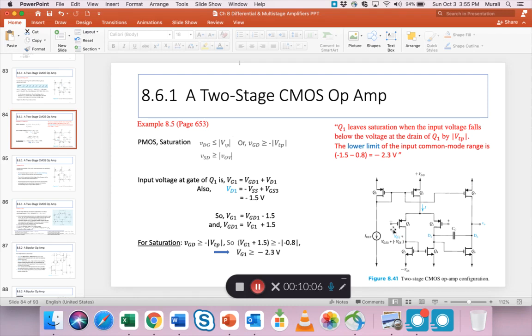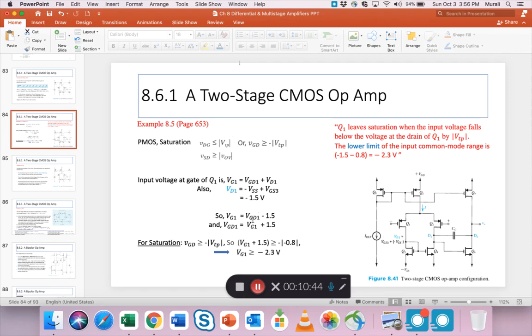To do that, you first need to find VD1, which is this point, right? Now this point is VSS plus the gate to source voltage of Q3. If you add those two, you get VD1. And that VD1 is a negative value at minus 1.5 volts. So to find the value of the voltage here, VG1, you can write the expression VGD1 plus whatever is at this point, VD1, right?